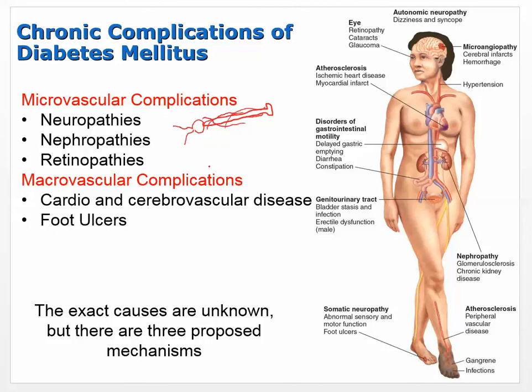The thing about blood glucose levels being consistently high is, remember that glycosylation that happened with hemoglobin? That can also happen to cell surface proteins on blood vessels. So here's a blood vessel. It's got the endothelium, and it's going to have proteins there. You can have glycosylation of these proteins, and it's not completely understood, but it can cause destruction of these cells.